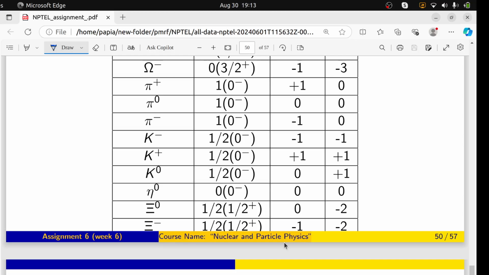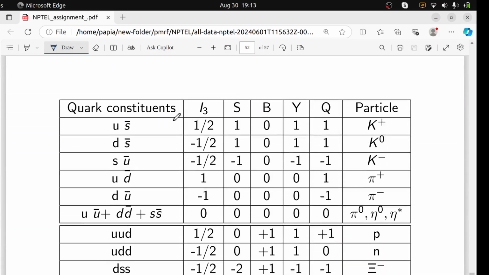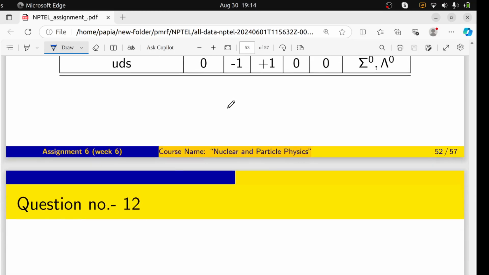These are the things you can check, as well as the particles for the lepton case. Lepton is also there. And this is the quark constituents. After that, the particle, then Q value, Y, B, S, I3. And if I3 is there, then you can obviously say what I will be, right? So this is the thing.